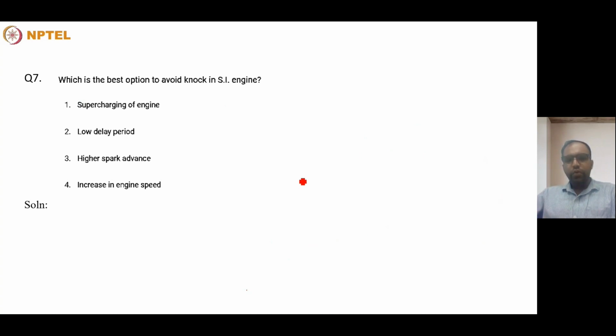Which is the best option to avoid knock in an SI engine? That means the flame should reach the end charges quickly. So the answer to this problem is increase in engine speed.